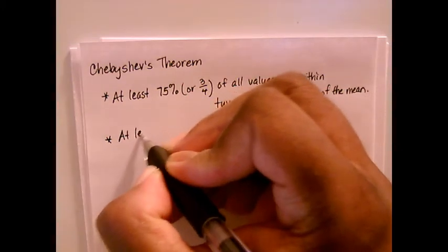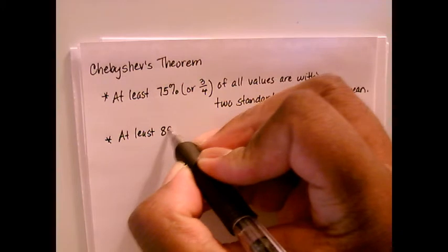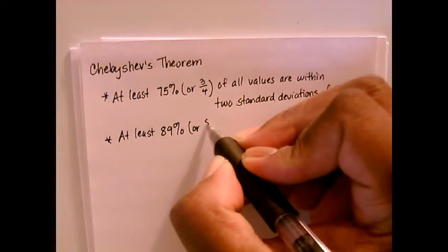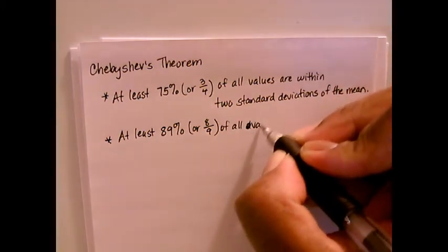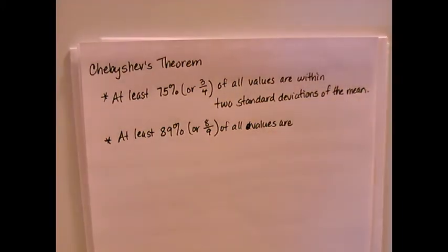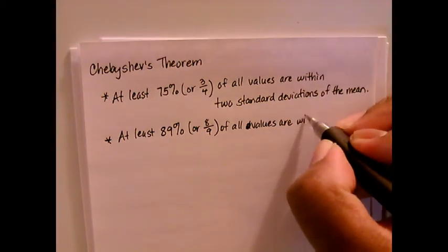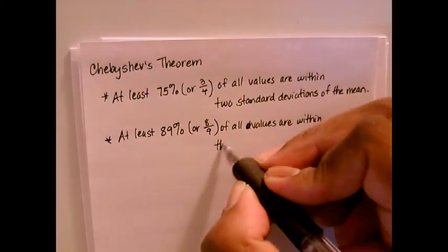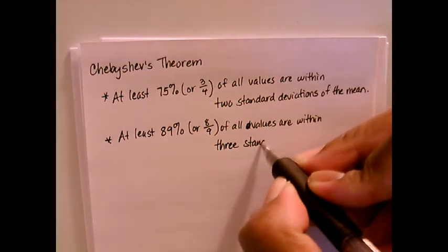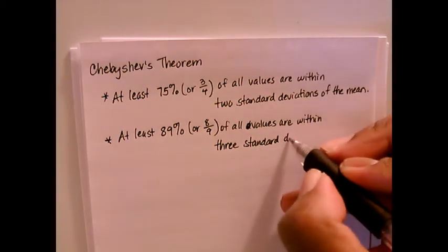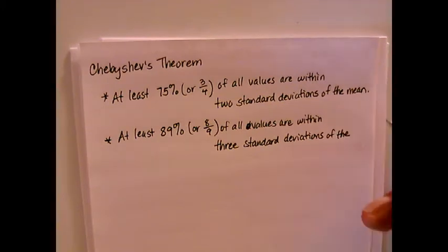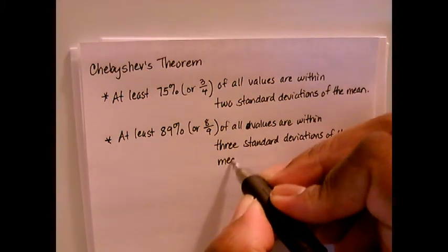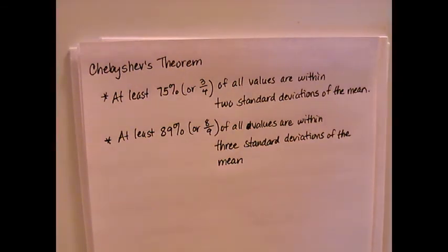And at least 89%, or we can say 8/9 of all values, are within 3 standard deviations of the mean. Okay, so that's what Chebyshev's Theorem is.